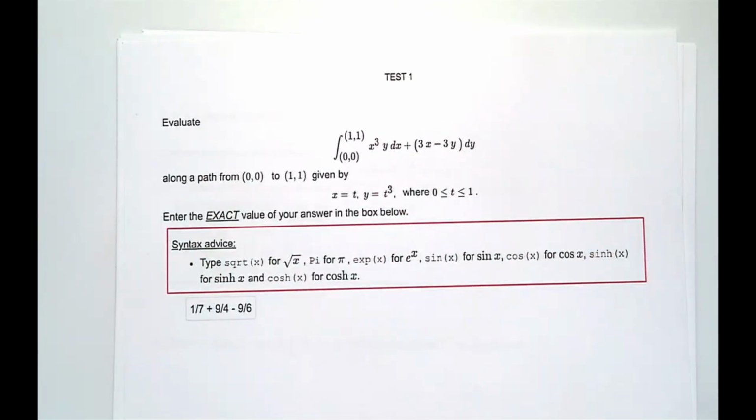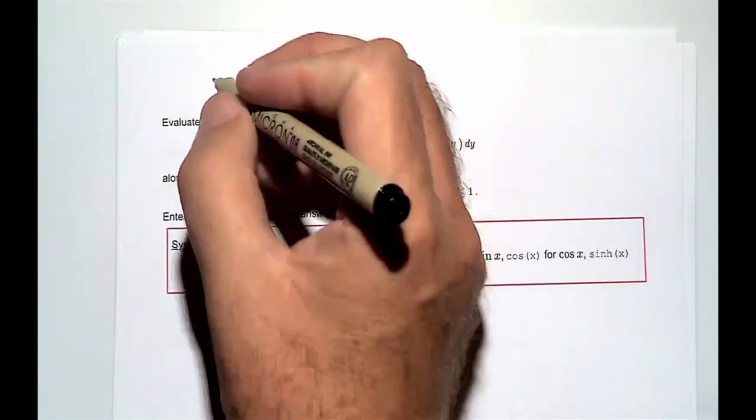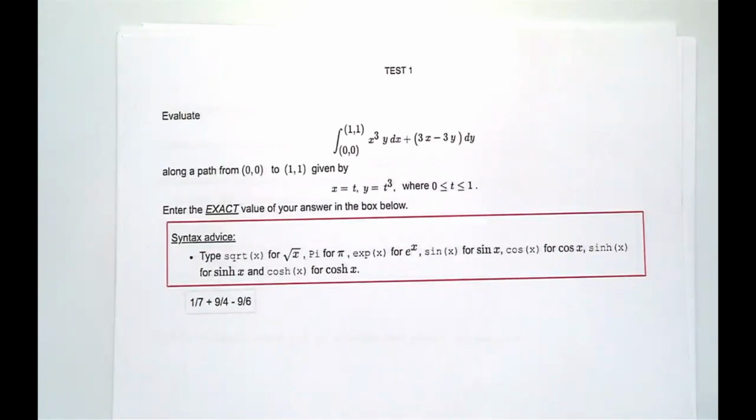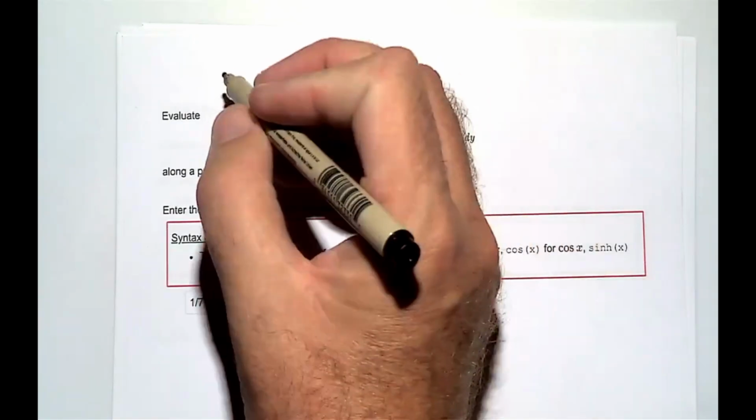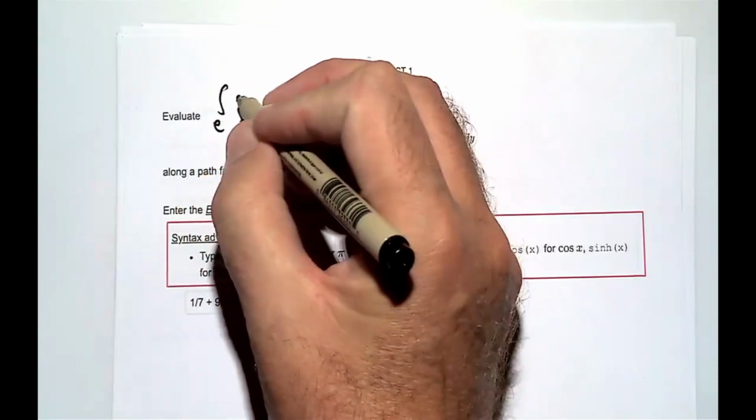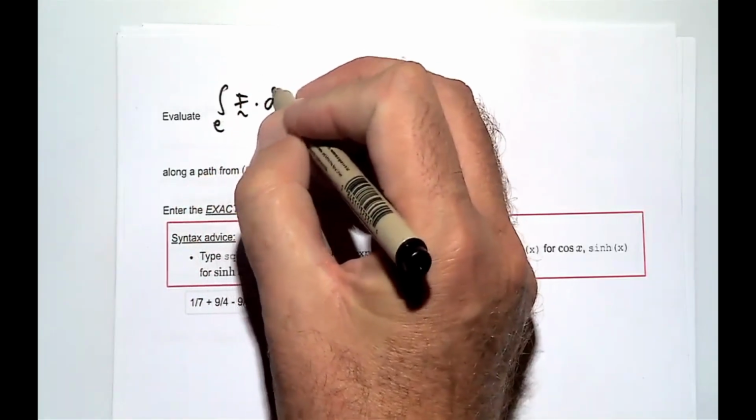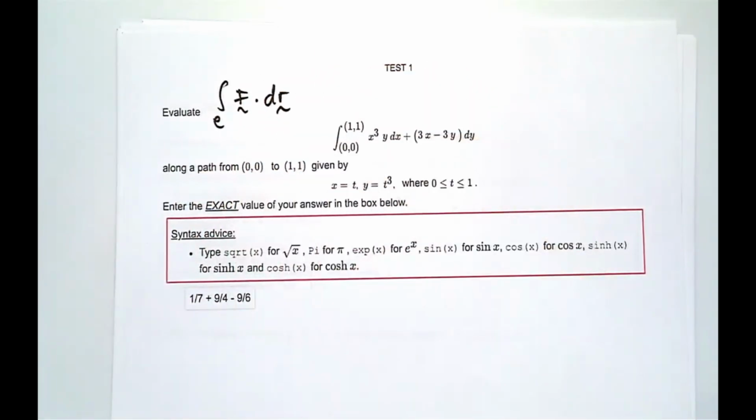Usually what we've seen in lectures is something like this: you've got a curve, you've got a vector valued function or a vector field, and you're integrating it like that. The thing they want us to evaluate doesn't actually look like that top form, or does it? Let me show you.